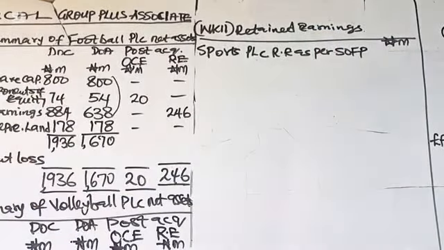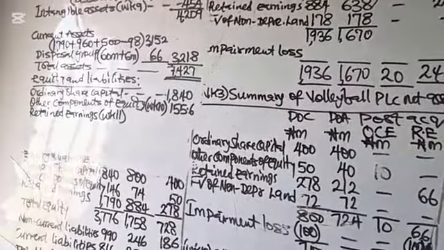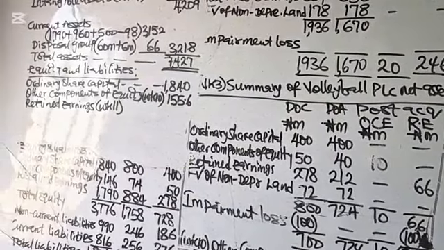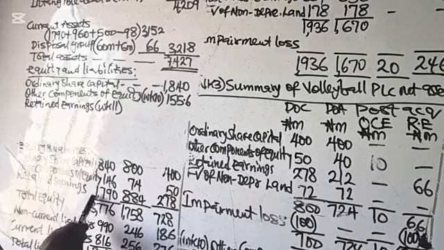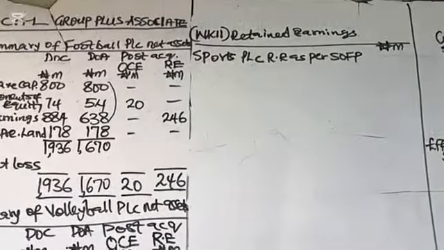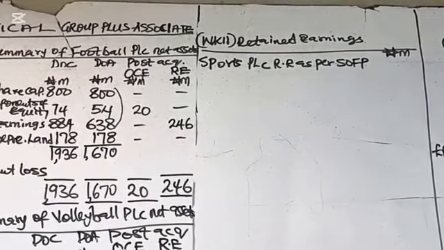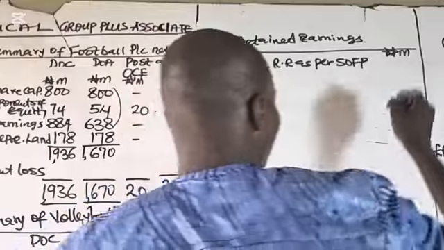Let's go through the statement of financial position of Sport PLC. How much is their retained earnings? We have retained earnings amounted to 1,790. So the Sport PLC retained earnings as per the statement of financial position is 1,790.